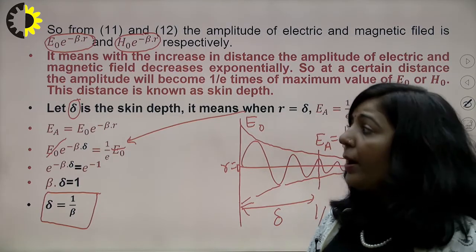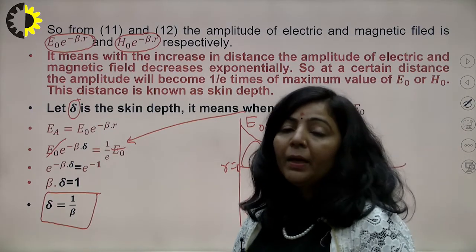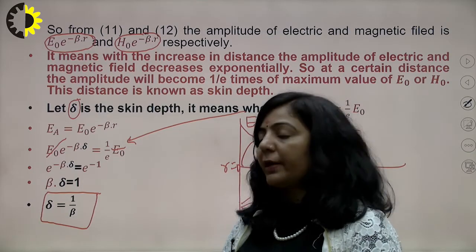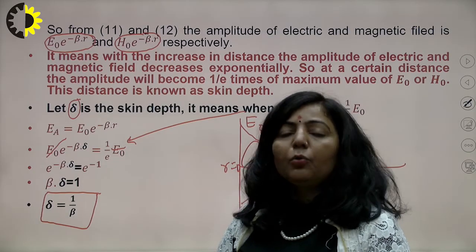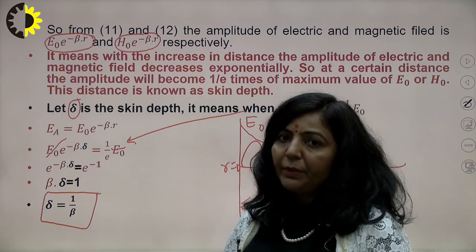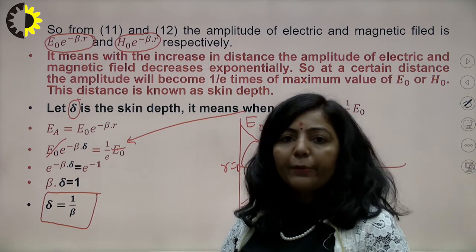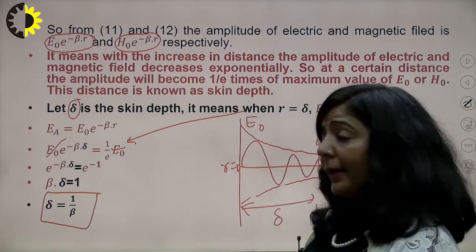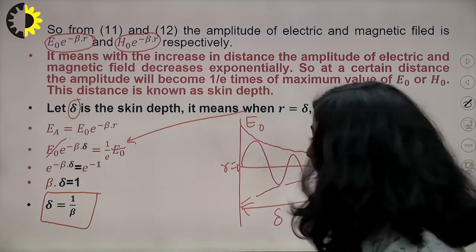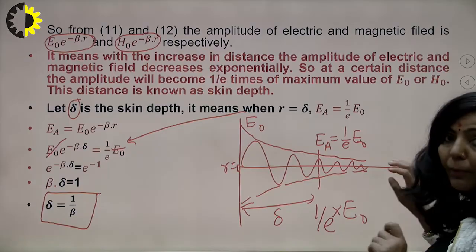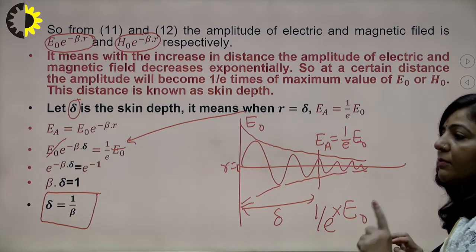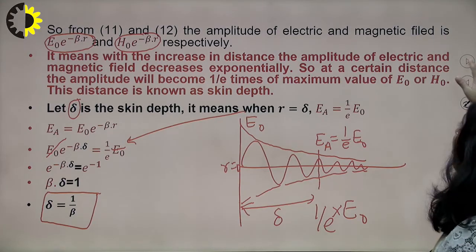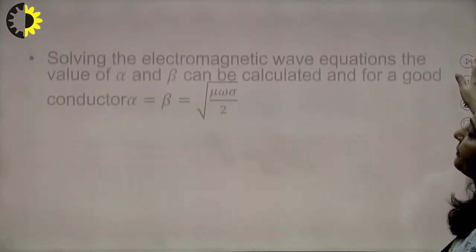So if you have a good conducting medium, then alpha and beta, the real and imaginary parts of the propagation vector, will both be the same, and you can find their values by solving those quadratic equations. So I am directly writing the value of alpha and beta here. Up to here I hope everything is clear, that skin depth is the inverse of beta, and beta is the imaginary part of your propagation vector.